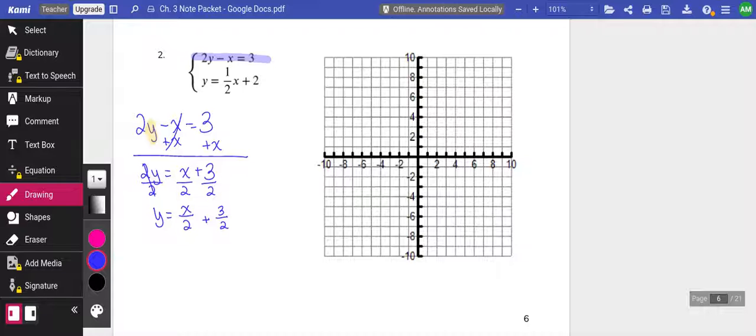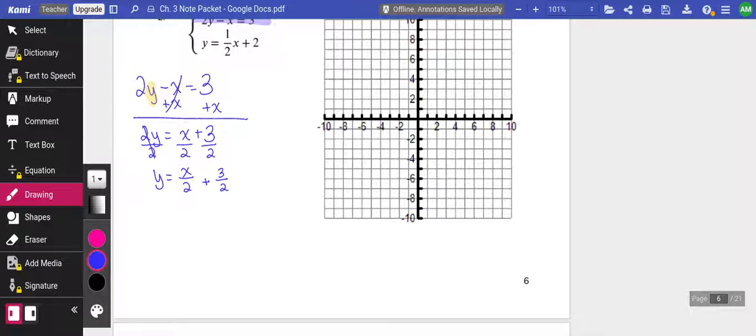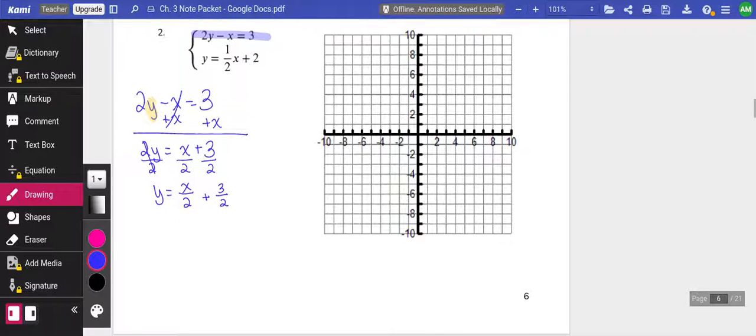So what I would do for this one is to type it into our calculator to get our table. So again, to use our calculator, you're going to go into y equals, then you're going to hit second graph to look at your table.